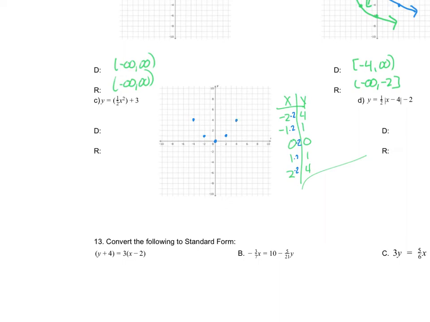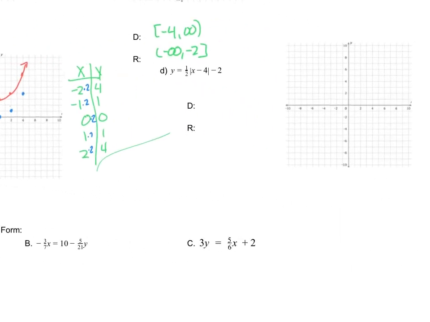Now we're going to bring that up 3. So the red is my final graph. My domain is negative infinity to positive infinity. My range is the same.